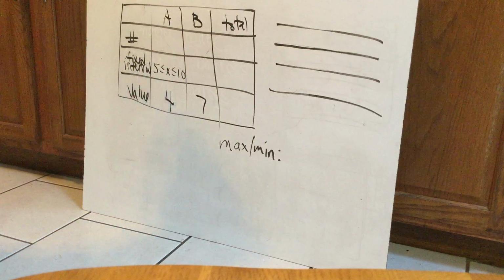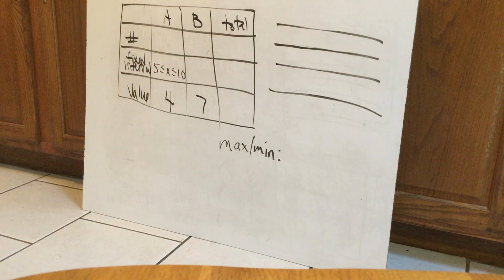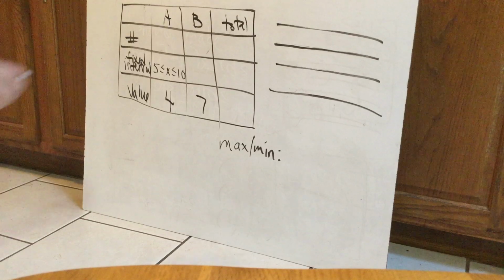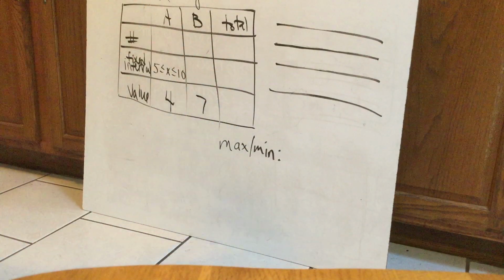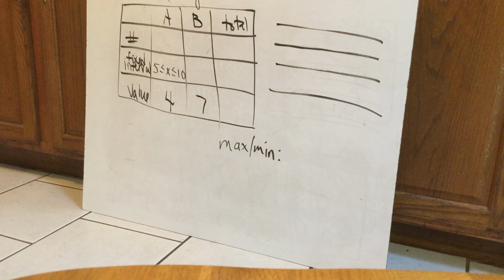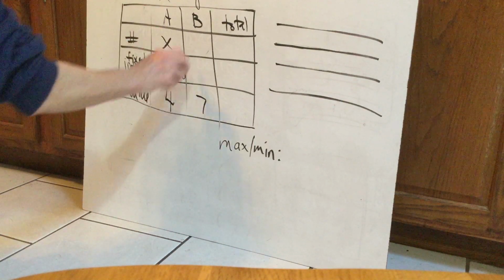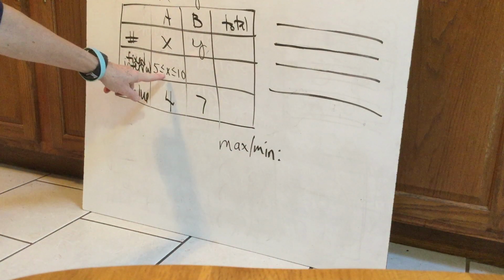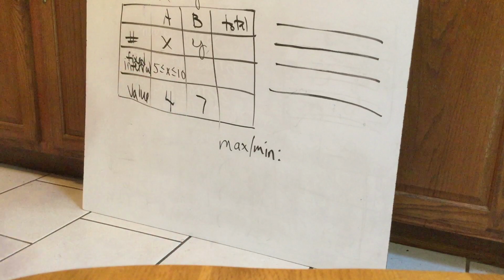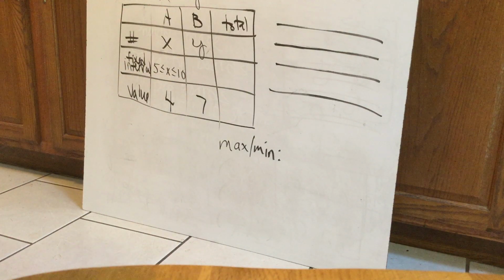So when we say a fixed interval, what we mean is those are the limits or the boundaries for that particular variable. Now I'm just letting x be A and y be B. I hope that's okay. So I'm going to do x questions of A and y questions of B, but whatever x is, it has to be in between 5 and 10.